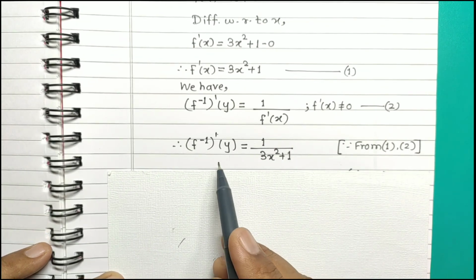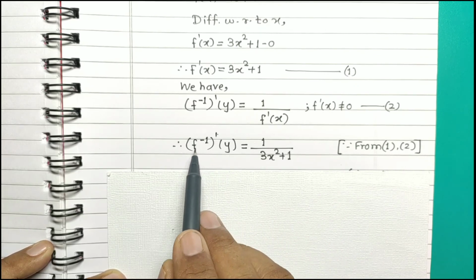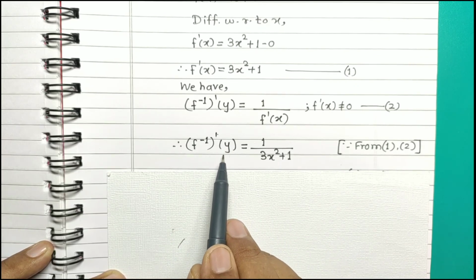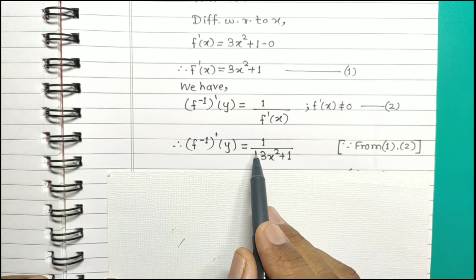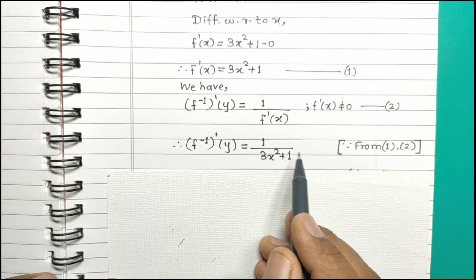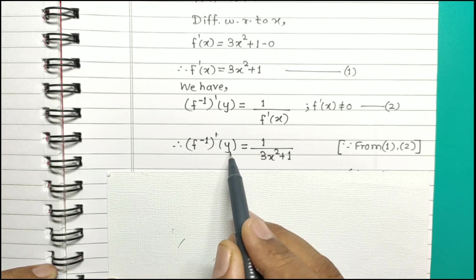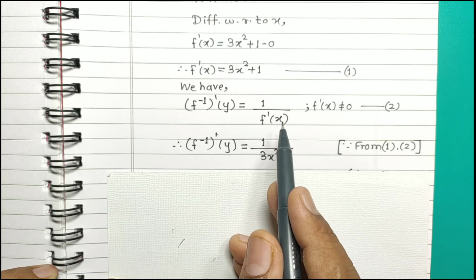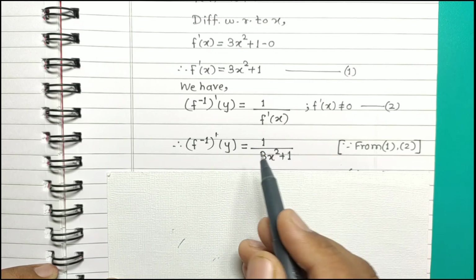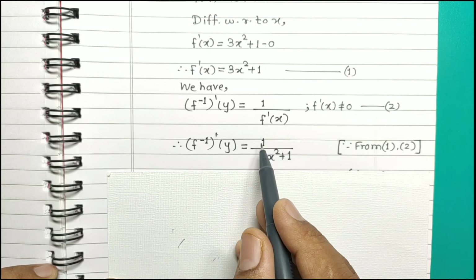Now here we have to find this derivative at y is equal to −2. The function is in terms of x, so we have to find at what value of x, y gives −2.